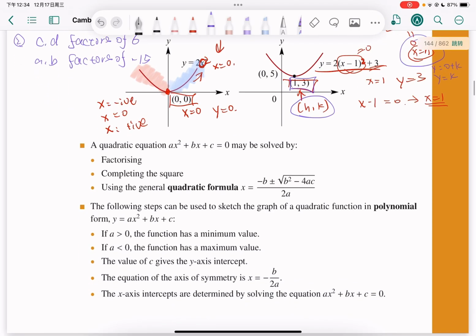When the quadratic equation is equal to 0, it may be solved by factorizing or completing the square.